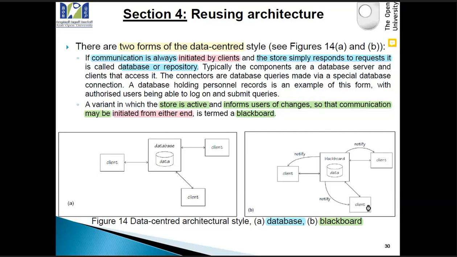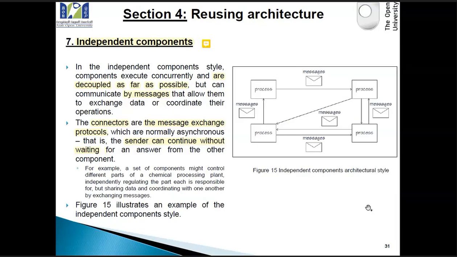We have a seventh style, which is an independent component. Independent components just send messages. So for independent components, I have different processes. Each process requests something and sends messages to another.